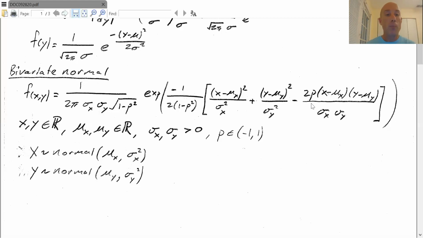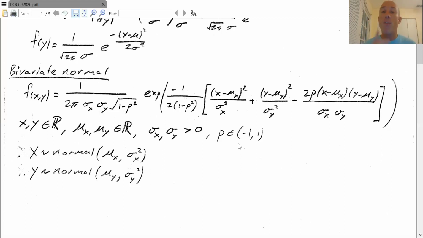And so when we look at this formula, some stuff to consider: x and y can be any real number. The mu's can be any real numbers. The sigmas have to be positive, and the rho is strictly between -1 and 1. We're saying strictly between -1 and 1, so it can't be -1, can't be 1.